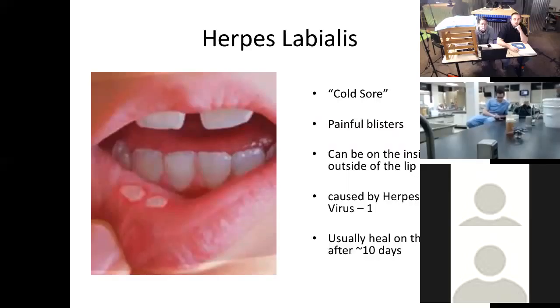These lesions usually heal on their own after about 10 days, but the virus actually lives inside of you lifelong. So they can come back anytime that you're stressed out or immunocompromised from some other infection. They typically sting with acidic foods, like drinking orange juice or eating ketchup.